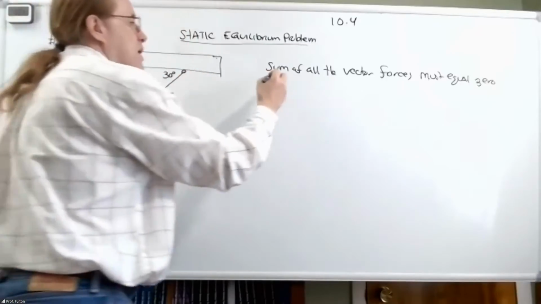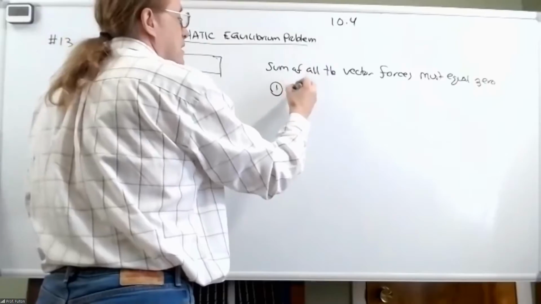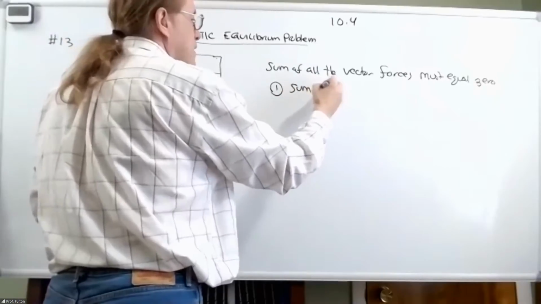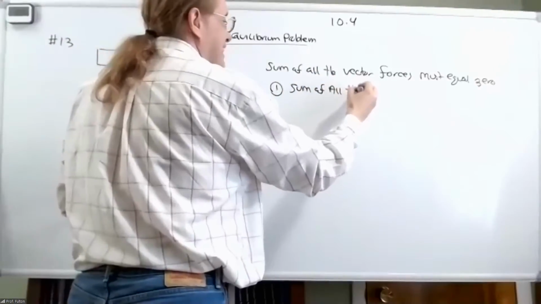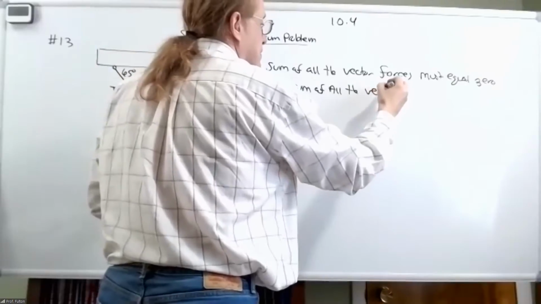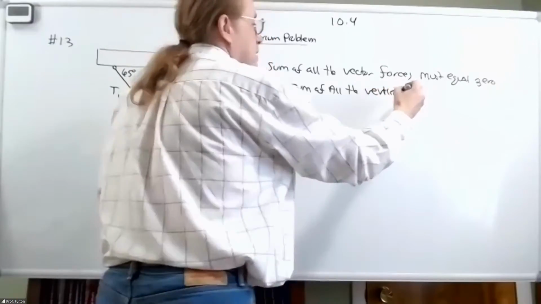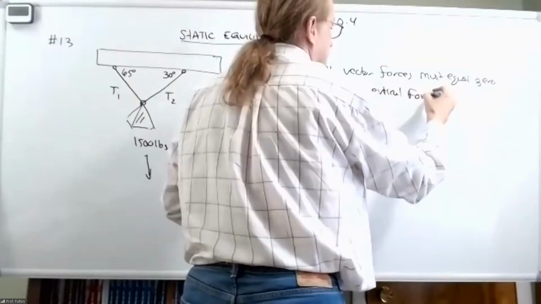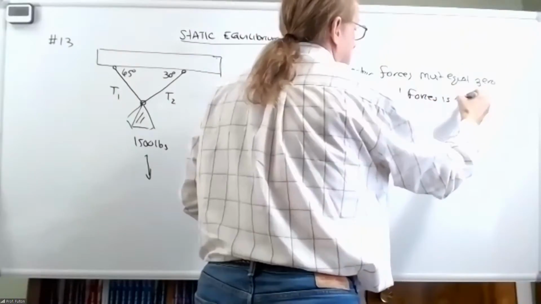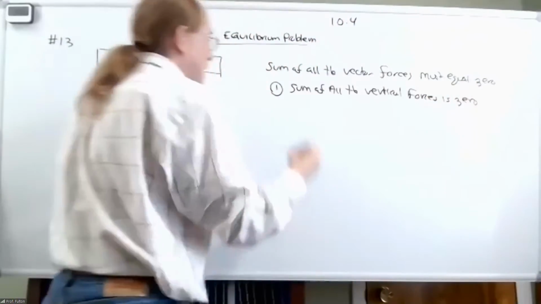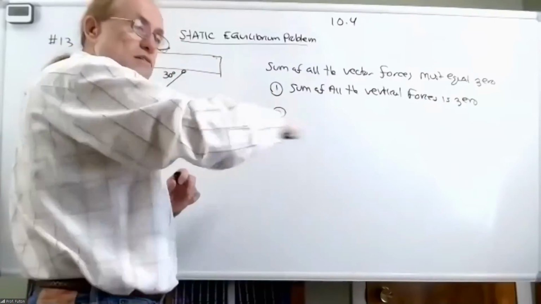So this requires two things. This requires that the sum of all the vertical forces is 0. This is the requirement. And the sum of all the horizontal forces is also 0.